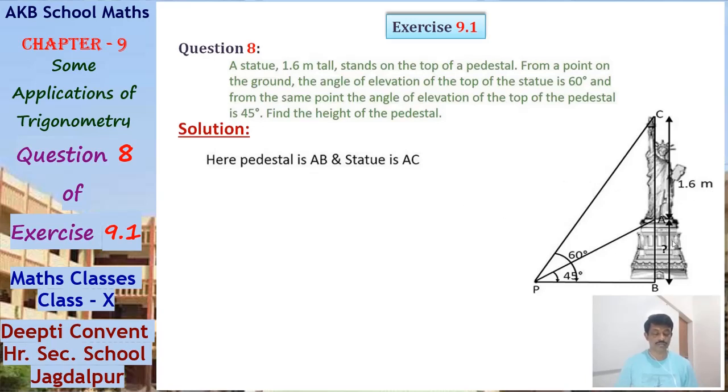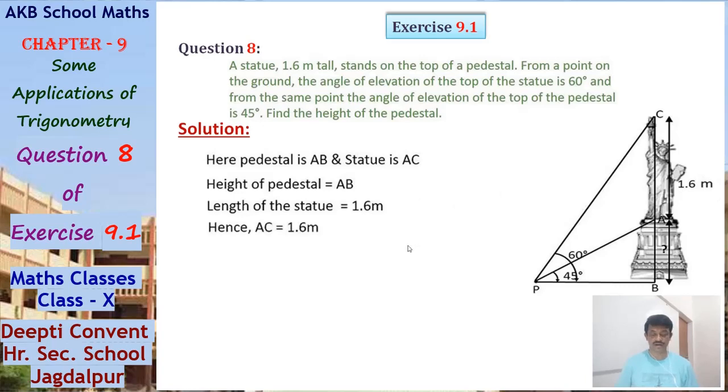We have to find the height of the pedestal, that is AB. Clear? Height of the pedestal is AB, and the length of the statue AC equals 1.6 meters.